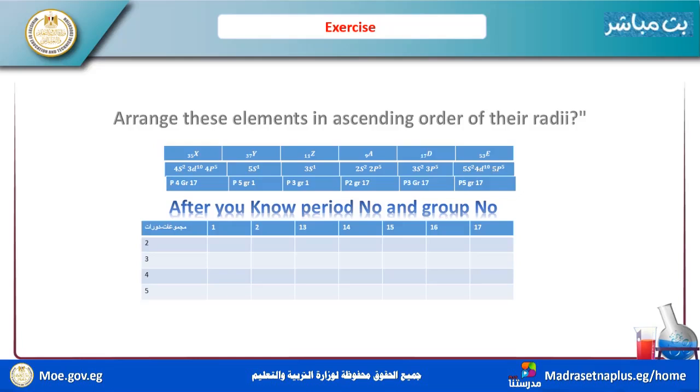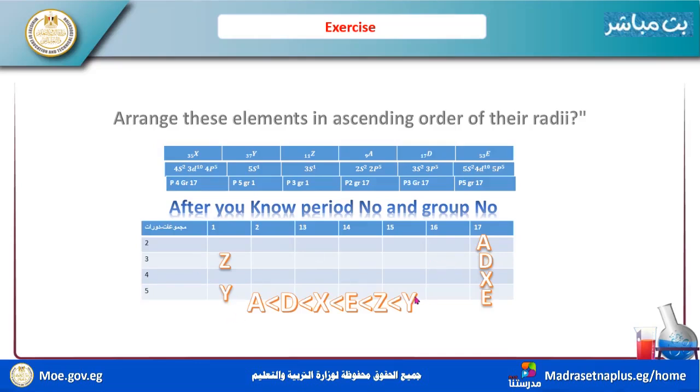We have A, D, E, X, Y, Z. This is the place of X, this is the place of Y, this is the place of Z, this is the location of A, and next this is E. This is the arrangement of these elements, because in this direction atomic size decreases and in this direction it increases.